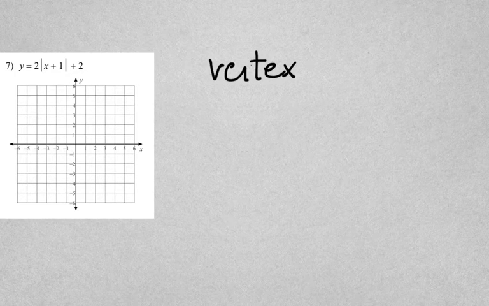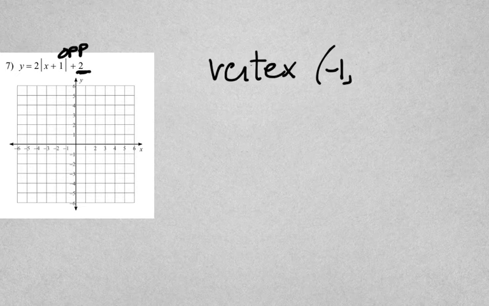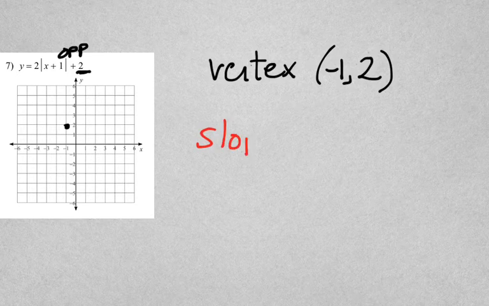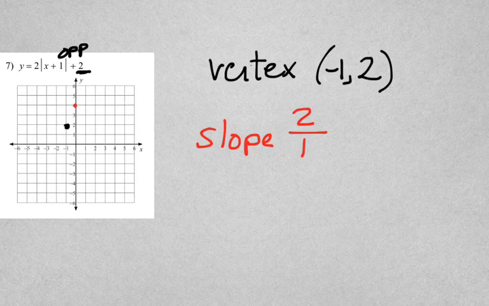So again, we're going to find our vertex, which is opposite of this, which is -1, comma, same as that, +2. And then I'm going to behave with my slope to move away from there. My slope is 2, so 2/1, rise 2, right 1.